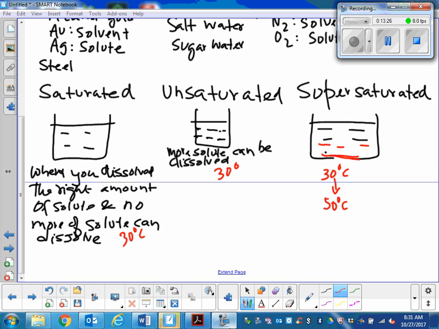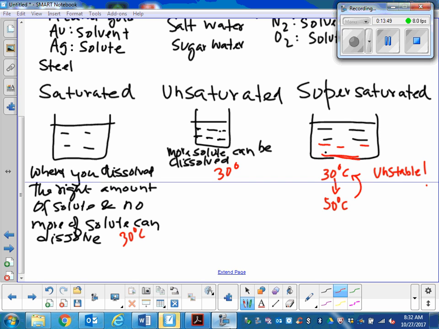And then you very, very slowly cool the solution. When you cool it back to 30, it becomes a supersaturated. It's a very, very unstable solution. It's very unstable because at that particular temperature, more has been dissolved, correct?